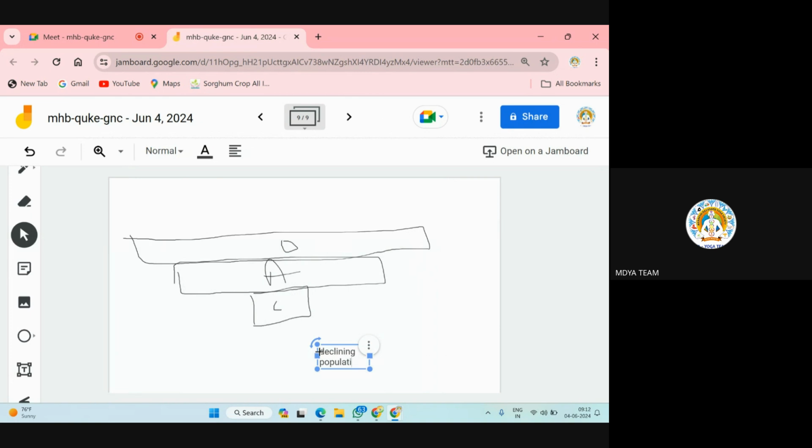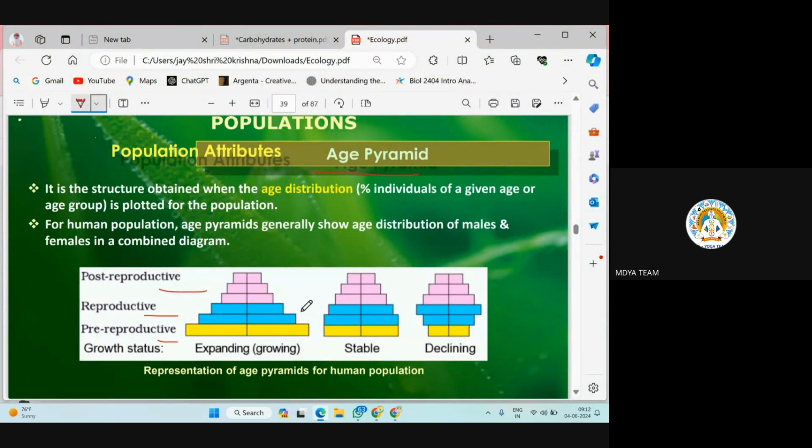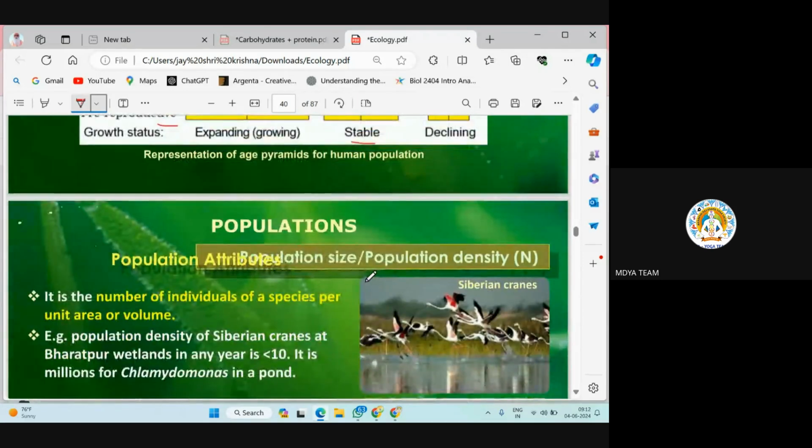One example of a declining population is China, yeah, China is one of those. Japan. So these two are kind of declining populations. Next is a stable population. A stable population means where the old age, adults and children are of almost similar numbers.